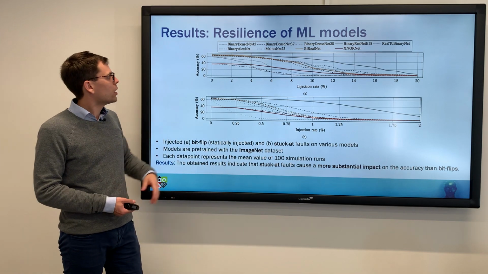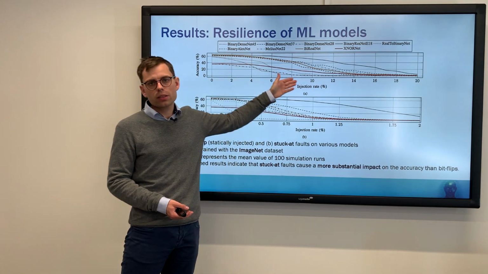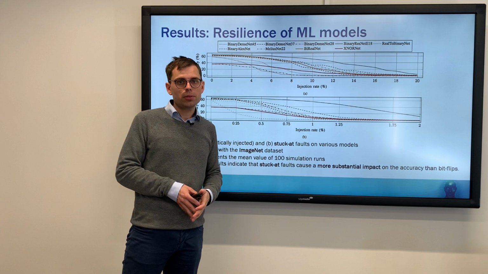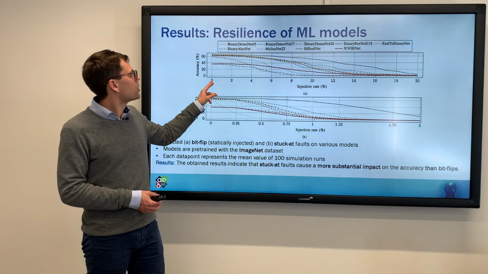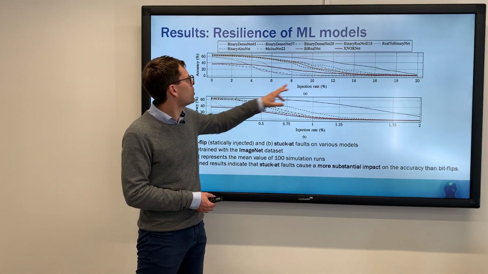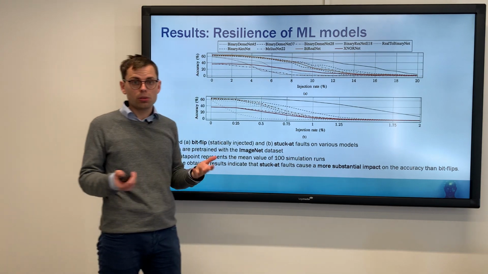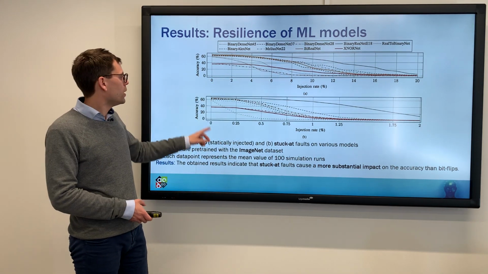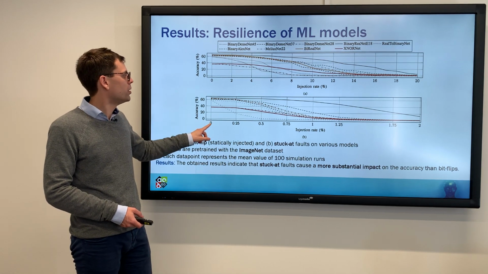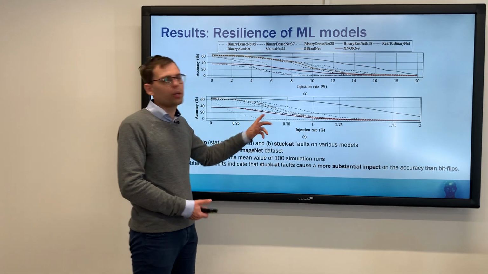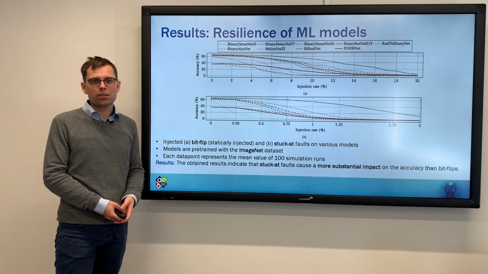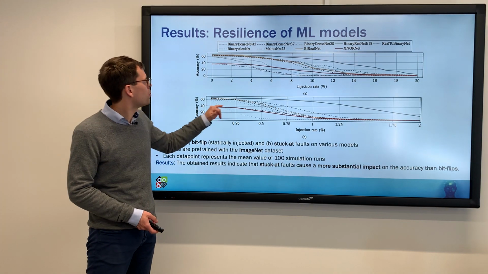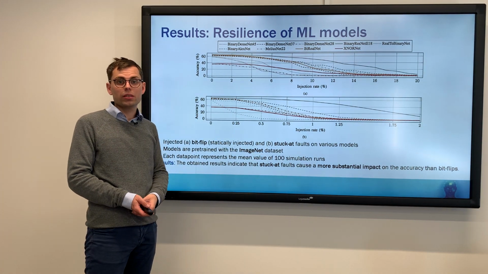Here you can see the models are much more resilient towards bit flips, because the injection rate is between 0 and 10% and your accuracy drops significantly, but on a single-digit axis, while for the stuck-at faults we are below 1% and already have a trashed accuracy. This is really severe, as your performance drops significantly.